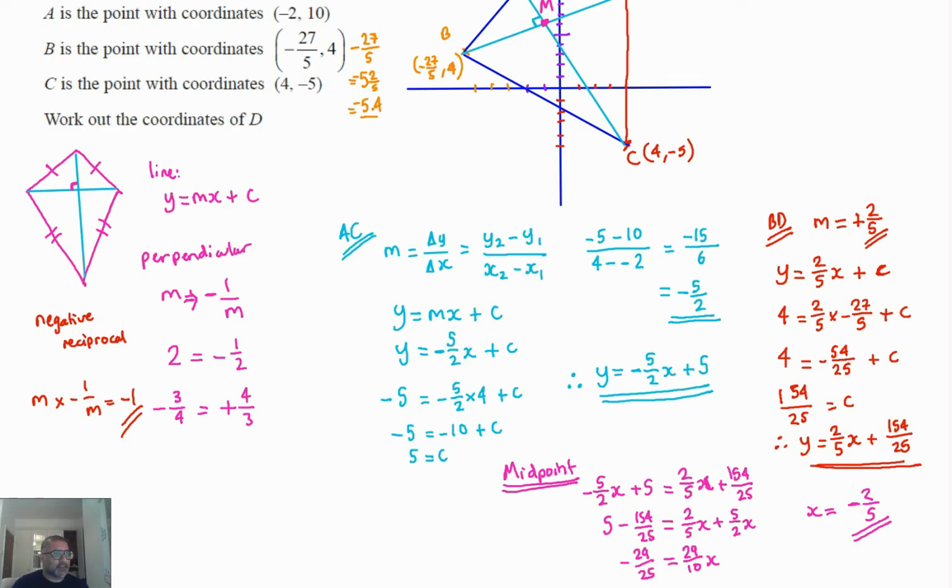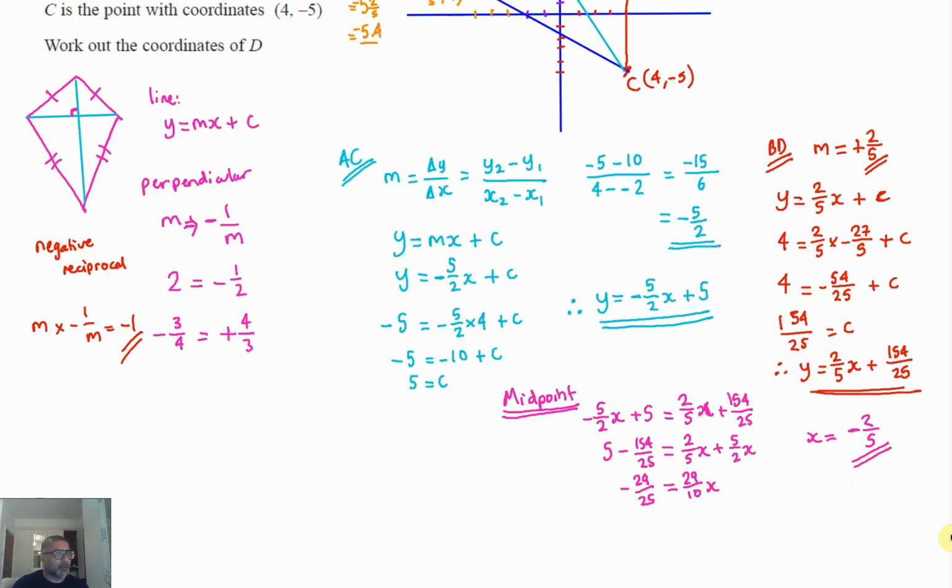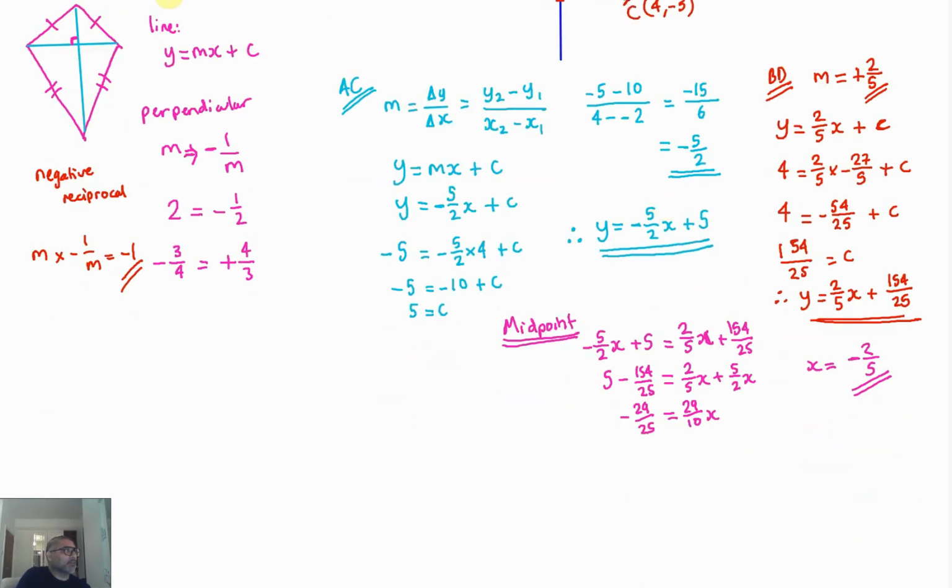If that's my x coordinate, how can I work out my y coordinate? Well, I've got two equations to choose from. I can use either one of these. So if x is minus 2/5, y will equal minus 5 over 2 times minus 2/5 plus 5.